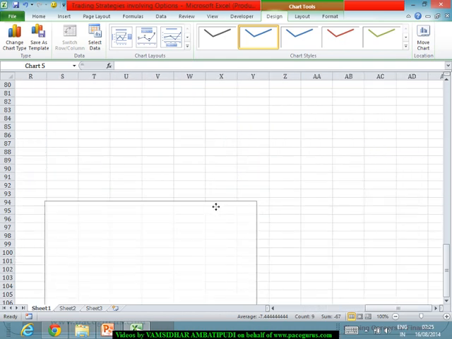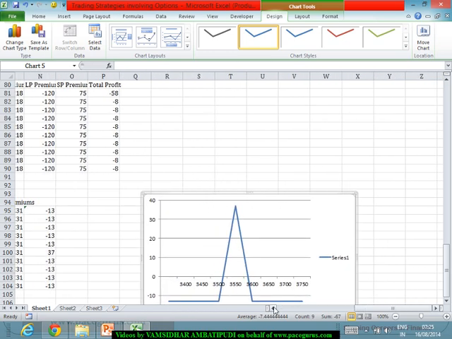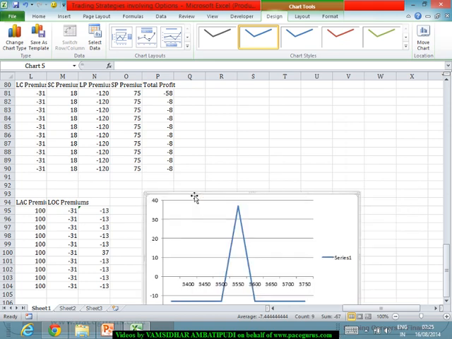But anything widely fluctuating, there is a loss, but the loss is limited on both the sides. The loss cannot go below 13 in any case.